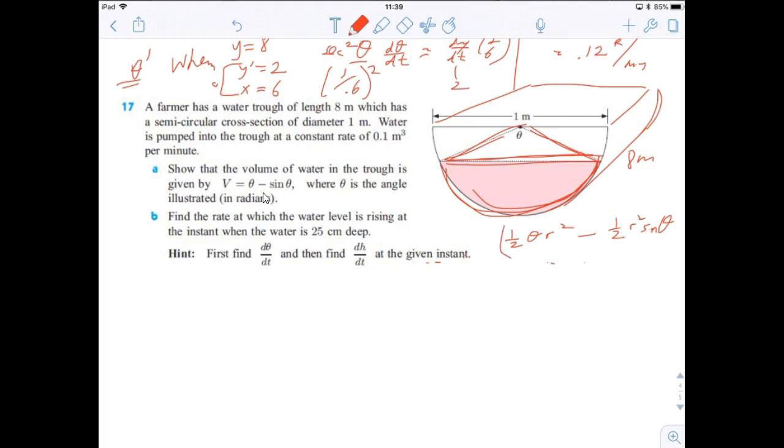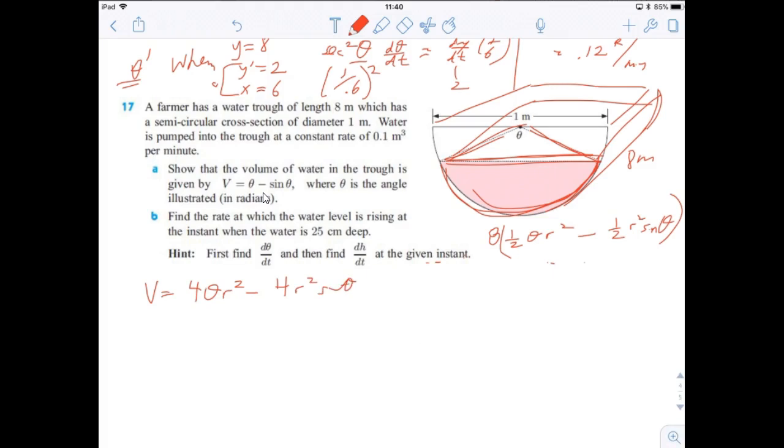Now, of course, to get the volume, we would need to multiply that times 8, right? Because we would make it 8 long to get the volume. So let's try to simplify that. The volume is equal to 8 times 1/2 blah, blah, blah, minus 1/2. Let's distribute the 8. So then we'll have 4 theta r squared, theta in radians, of course, minus 4 r squared sine theta. Let's see, what's the radius?